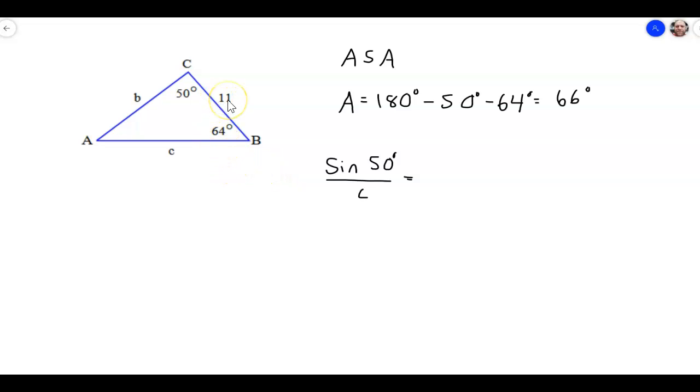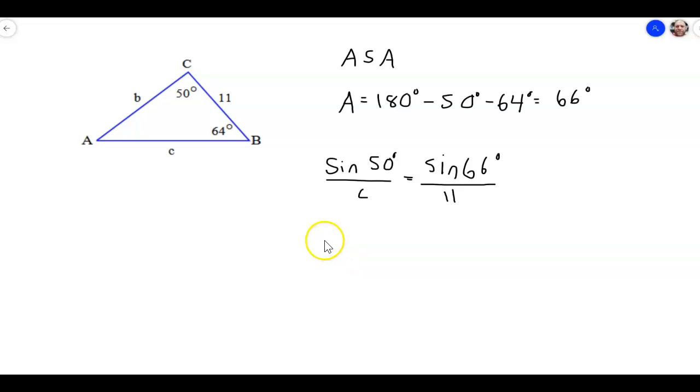Because we only have one unknown here, we can use the sine of big A, which we now know is 66 degrees, over little a, which is on the opposite side, which is 11. So now we have an equation set up, and we can do this with any side and the opposite angle.